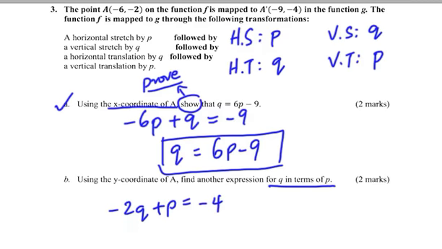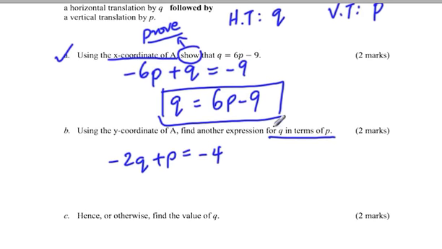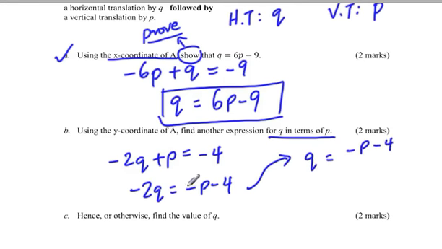So it's -4. And that's how we do it. Now it says find Q in terms of P. So basically we have to solve for Q. So it's -2Q is equal to minus P minus 4. And then Q is equal to minus P minus 4, the whole thing divided by -2.